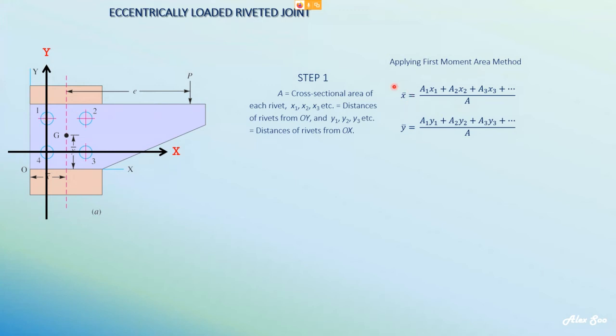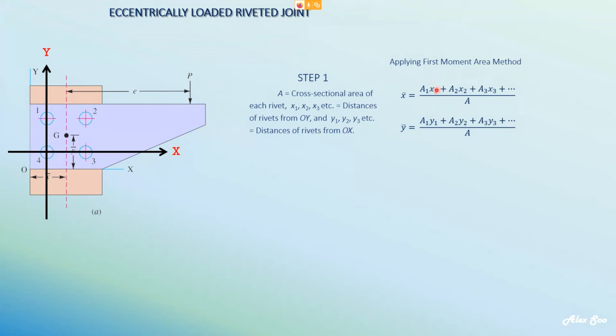If I want to find the coordinates of the center of gravity G, then I must find X bar and Y bar. So X bar, applying first moment of area: you have A1, the cross-sectional area of rivet 1, multiplied by X1, the distance from the Y-axis.